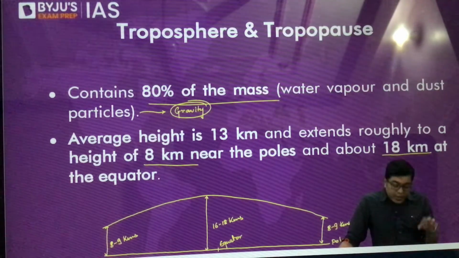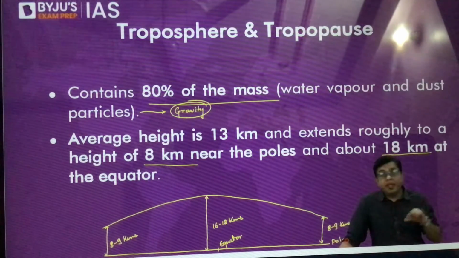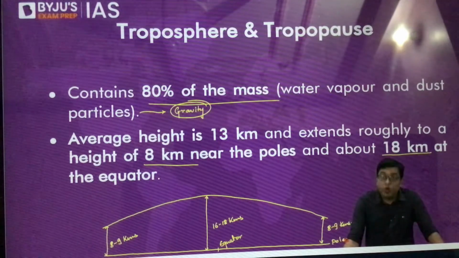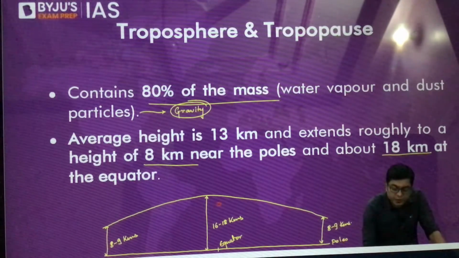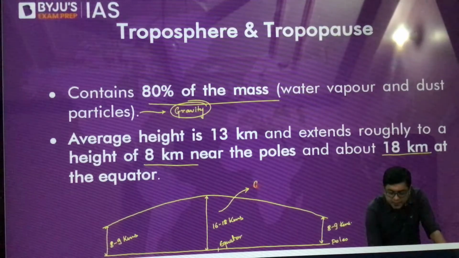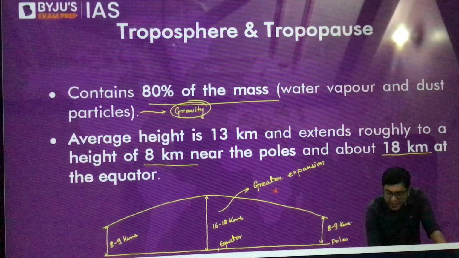So the poles are much colder and the region around the equator is much hotter, much warmer. Due to that, you will always find greater expansion of air.